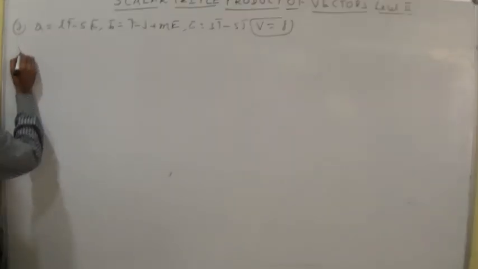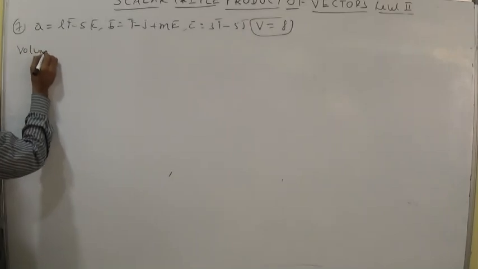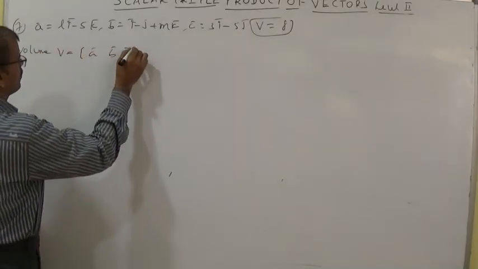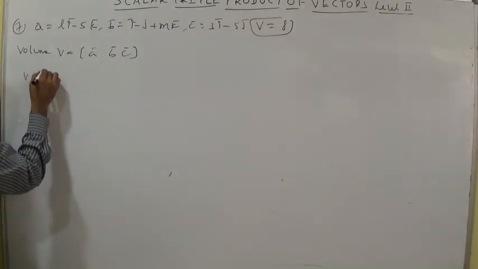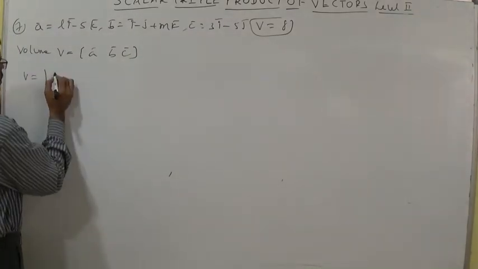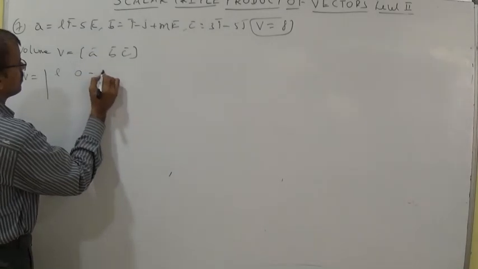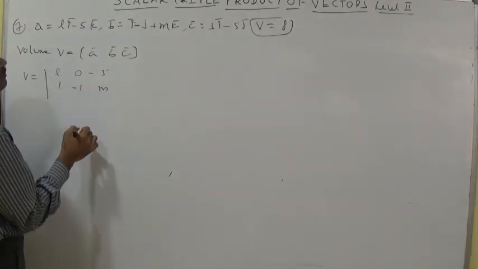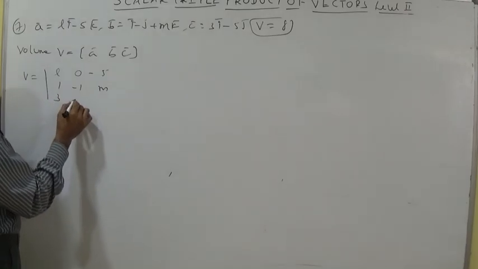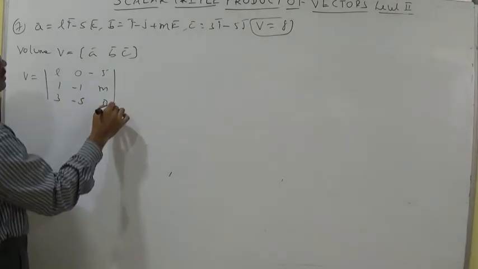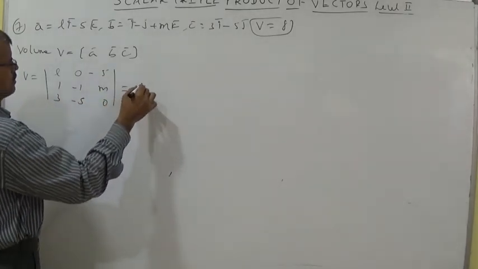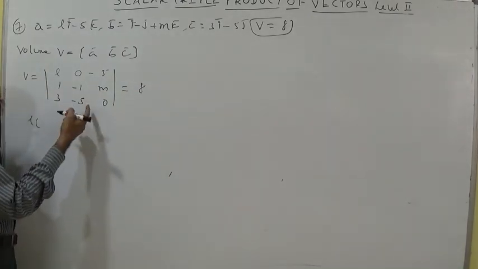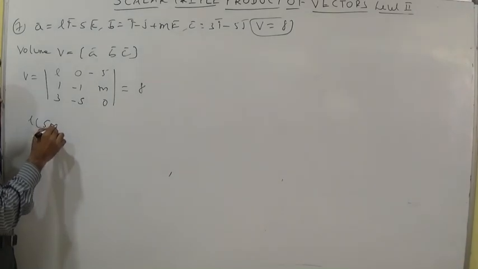So the volume of the parallelepiped V is equal to, simply we said, the formula box ABC. So here you can write l, 0, minus 5, and here 1, minus 1, m, and here 3, minus 5, 0, is equal to 8. l into 0 minus 5, 0 plus 5, l into 5m.